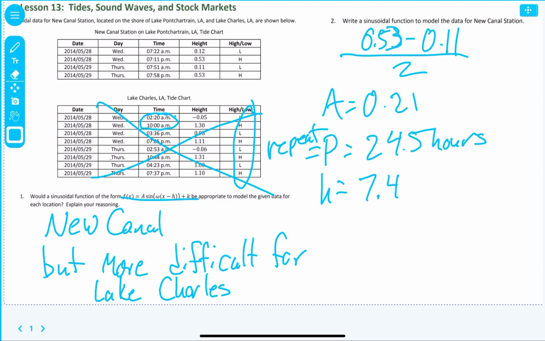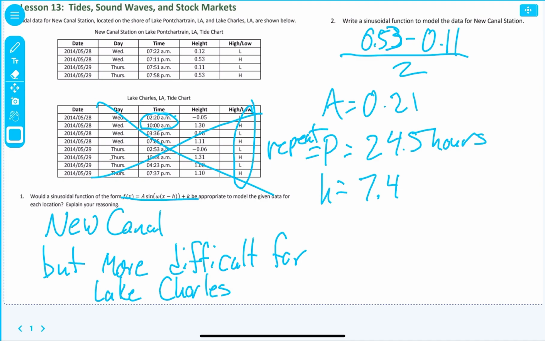And remember, H, think of horizontal shift. Now, remember, that is a translation to the right, correct? Because it's positive. But you're going to put that into your formula with a built-in negative sign. Leave that negative sign there. Okay?